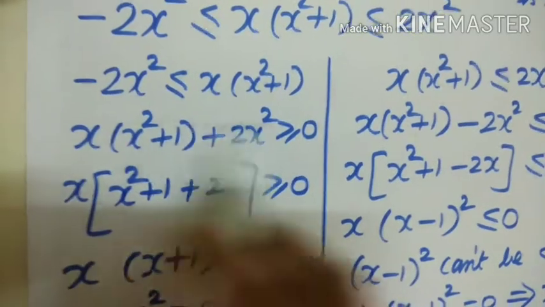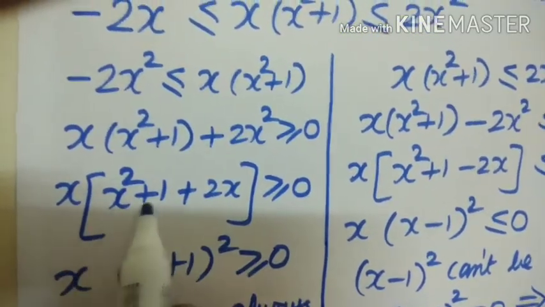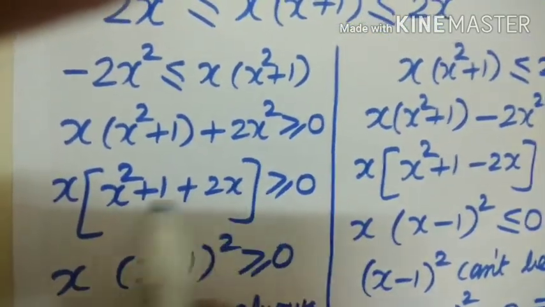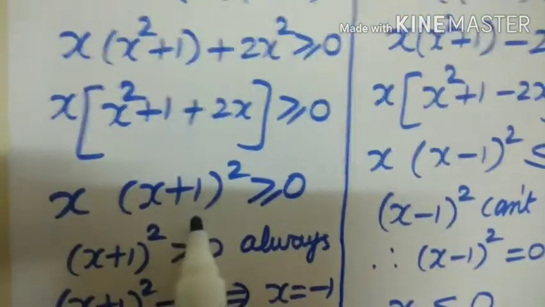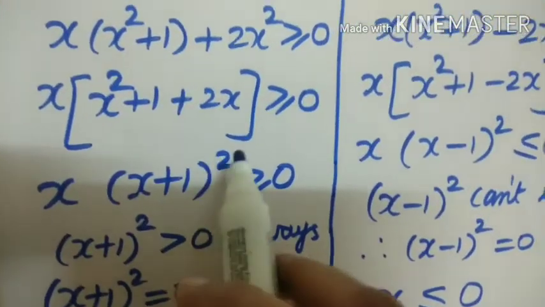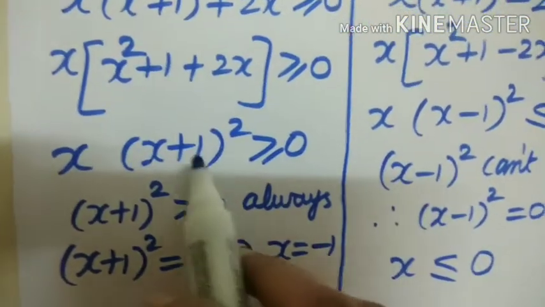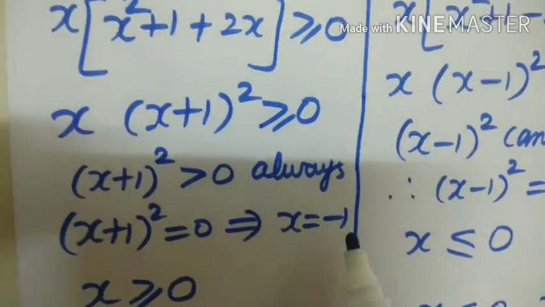In both, x is common. So taking x common, here I am left with x square plus 1. Here x is gone, meaning 2x is left out. This is x plus 1 the whole square. And we know x plus 1 the whole square is a perfect square, positive always. So it can only be equal to 0. Equal to 0 means x is equal to minus 1.